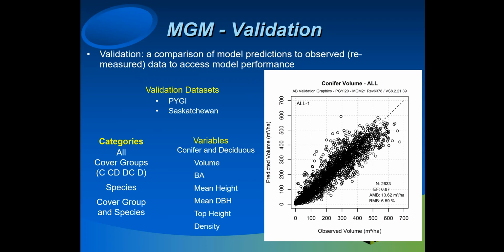All of these tests are to see whether there is any particular area where there is a bias, and you're really evaluating model performance. The variables, in addition to the volume, we split into conifer and deciduous, and then we did volume, basal area, mean height, mean DBH, top height, and density. So there's a lot of data being generated, and this is again with real PSP data.